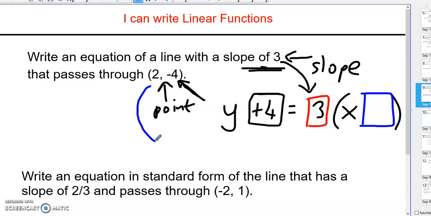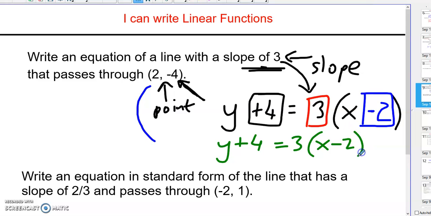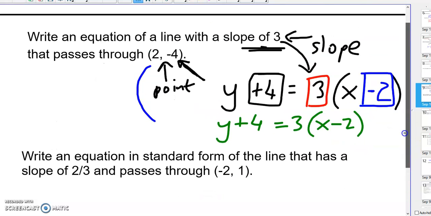And so we take the opposite of that and write it over here. So that is -2. So then our final equation for this line, in point slope form, is y + 4 is equal to 3 times (x - 2) in parentheses.